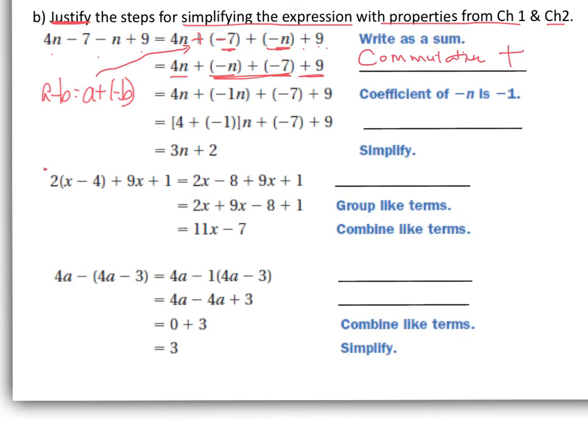Now, we know that negative n has a coefficient of negative 1. We can use the distributive property and rewrite 4n plus negative n as 4 plus negative 1 times n, and recopy plus negative 7 plus 9.